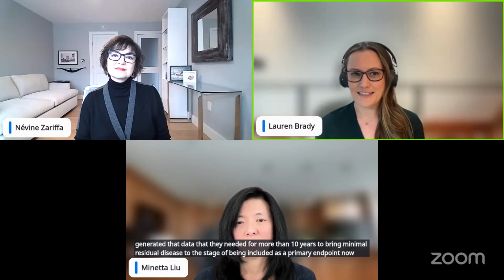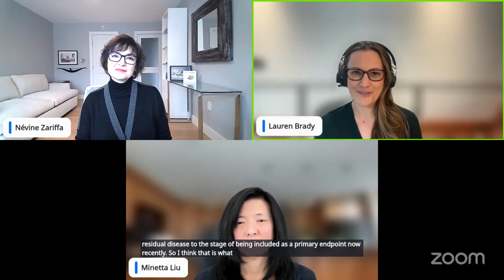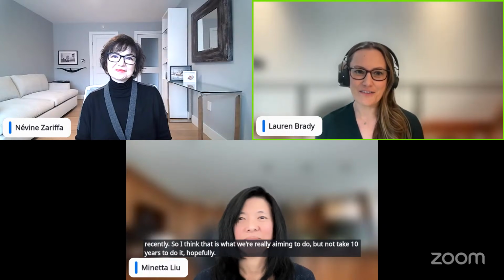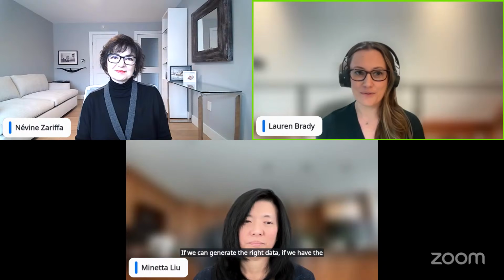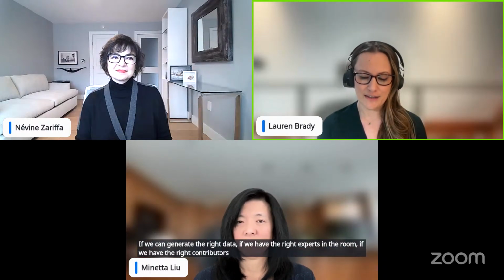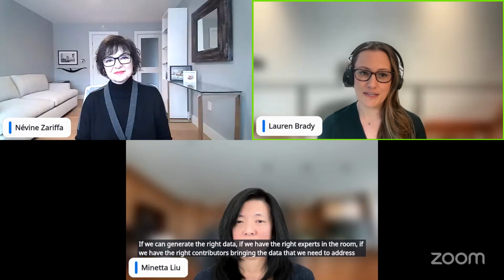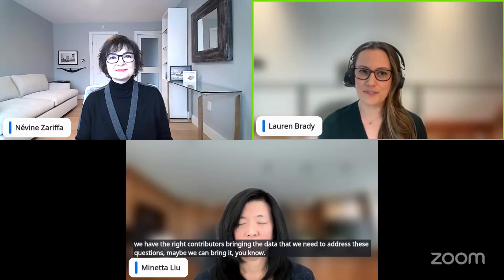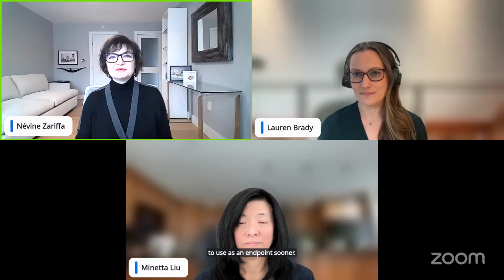So I think that is what we're really aiming to do, but not take 10 years to do it, hopefully. And so if we can generate the right data, if we have the right experts in the room, if we have the right contributors bringing the data that we need to address these questions, maybe we can bring it to use as an endpoint sooner. Thank you.